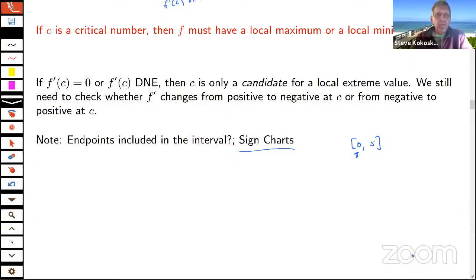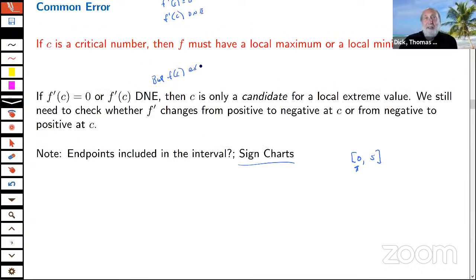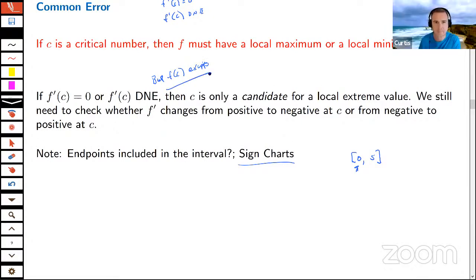Now, the reason I make a big deal out of that is that for a critical value, f prime of C doesn't exist, but f of C has to. Okay. So, for example, if C is the location of a vertical asymptote, that doesn't make it a critical value because the function's not even existing there. Right. Yep. Good point.